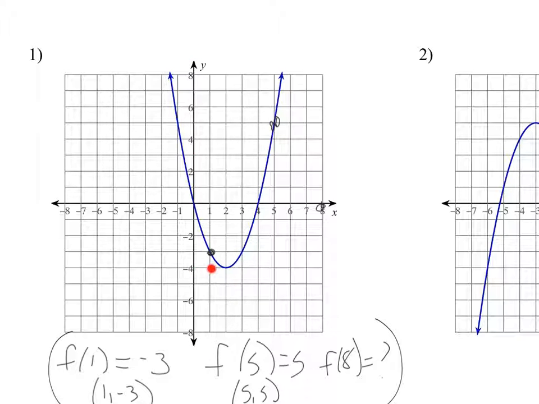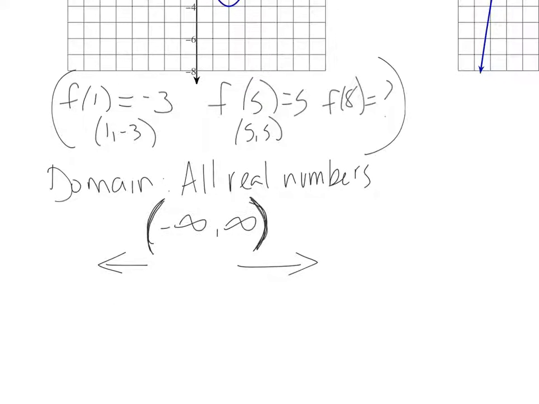So starting here, this is where the range starts, and it goes up forever. So it starts at -4, and any other value will appear in the graph. So the range starts at -4. Now we do the square bracket because -4 is actually in the graph.